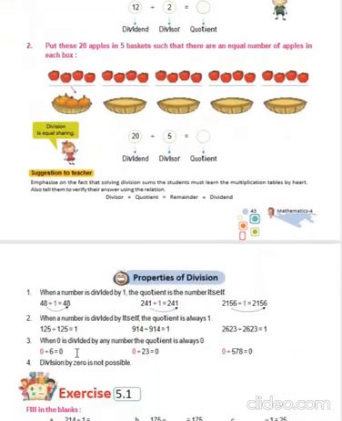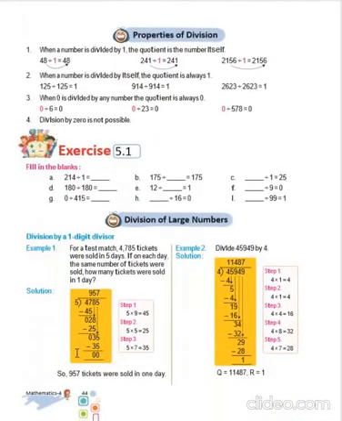Now, let's learn the properties of division. So, if we divide any number by 1, the quotient is the number itself. If we divide 48 by 1, we will get 48. If we divide 241 by 1, we will get 241.